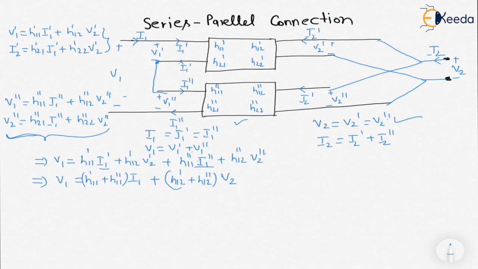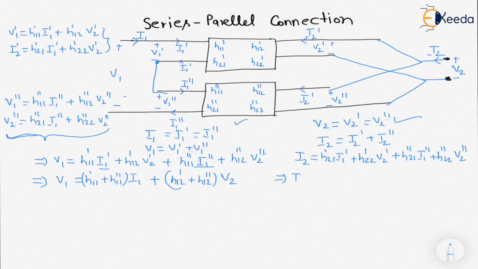So I am writing clearly the value of I2 is equal to I2 dash, which means H21 dash I1 dash plus H22 dash V2 dash, plus H21 double dash I1 double dash plus H22 double dash V2 double dash.